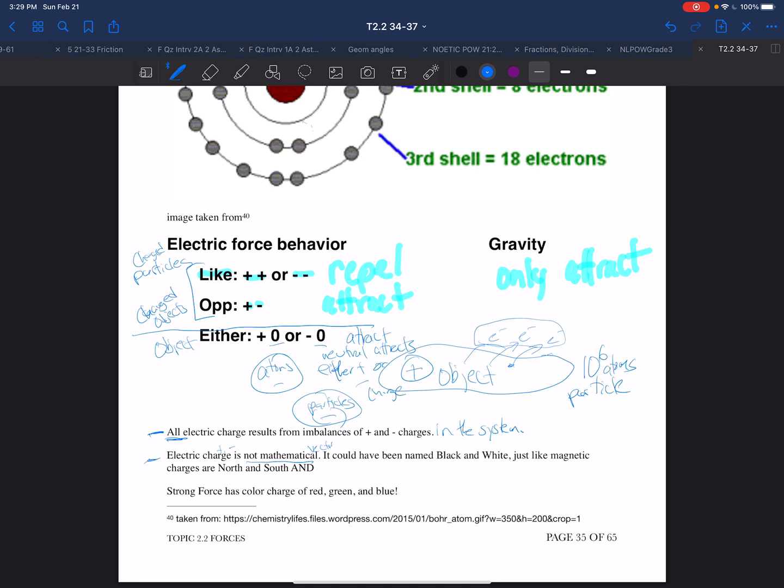Positive and negative charge could have been named black and white, just like magnetic charges are north and south, and north and black could be named positive, and south and white could be named negative, or any possible combination.